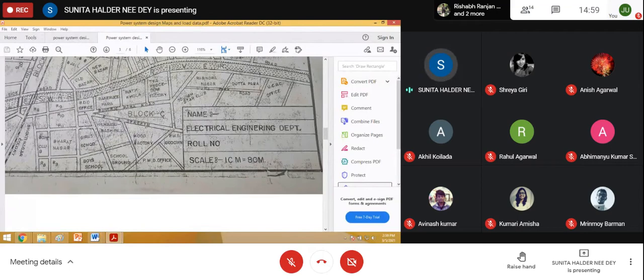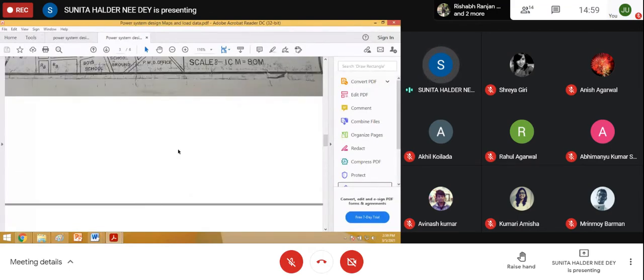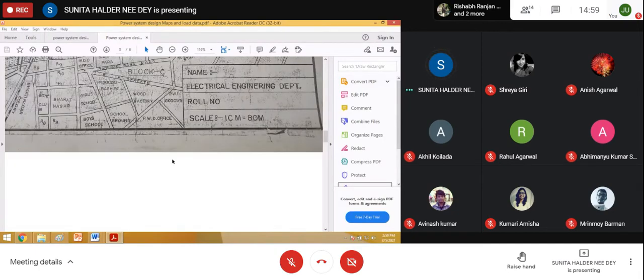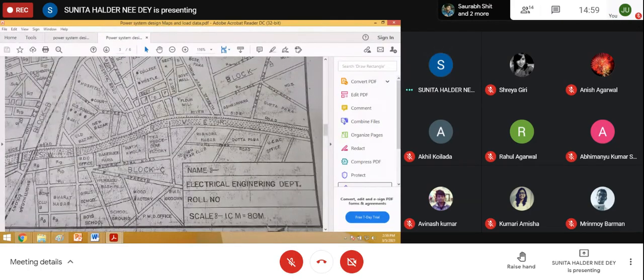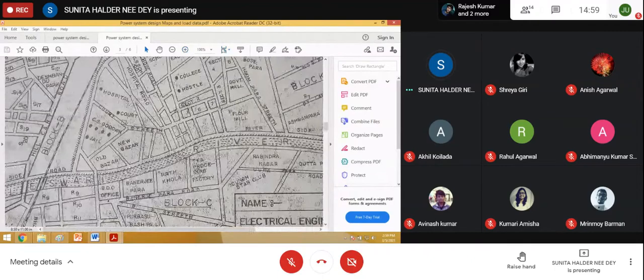So here we have to design the power system for that particular block. Say here for block C, in this area, if I zoom in, there is Banerjee Para.